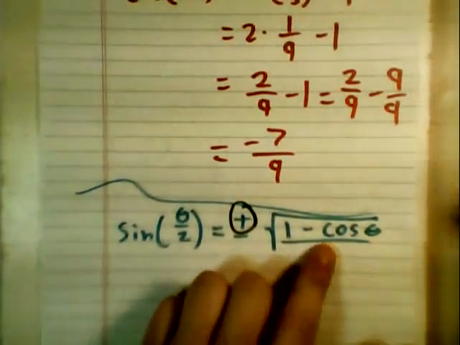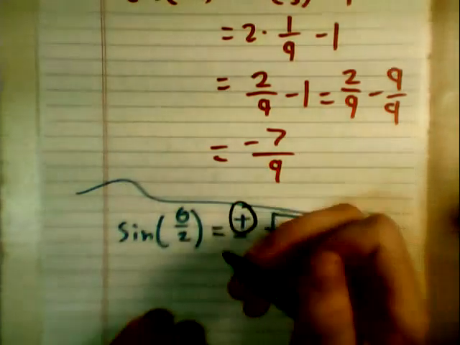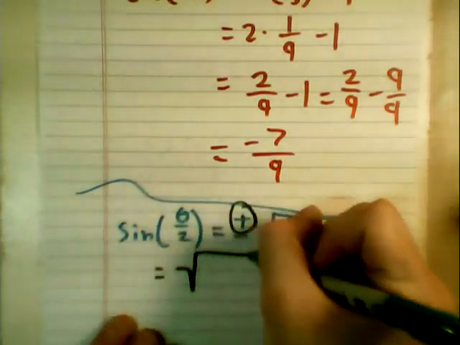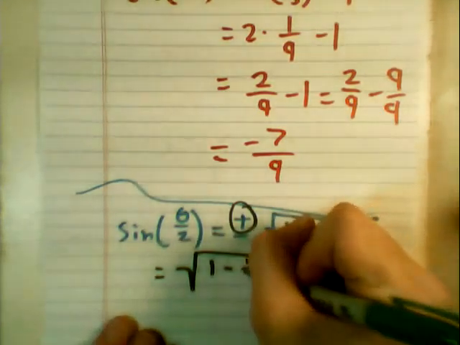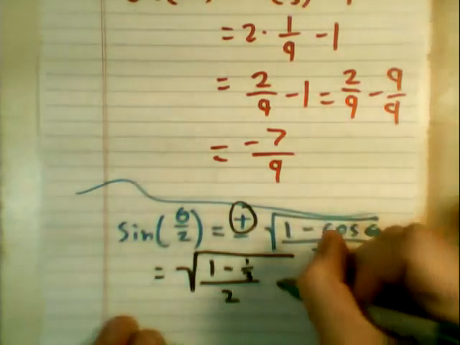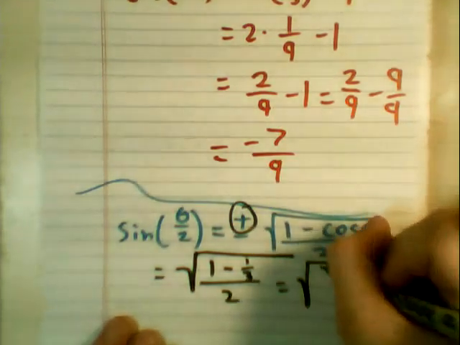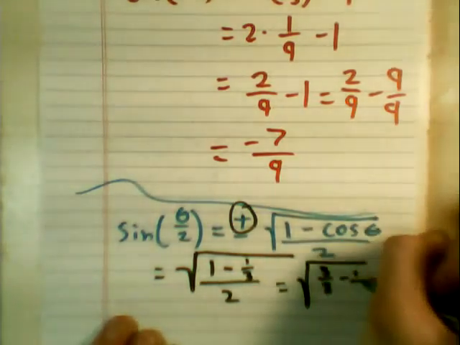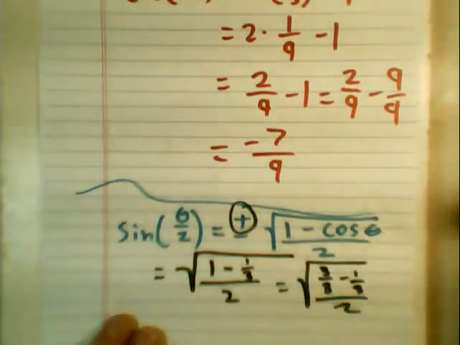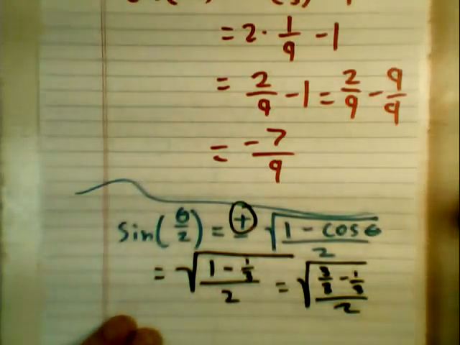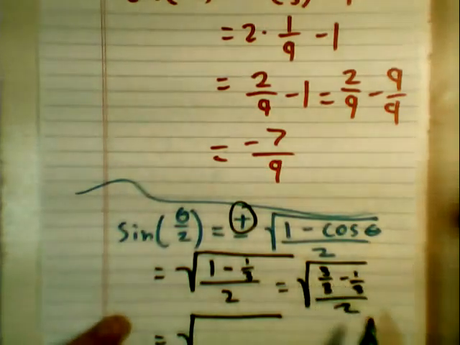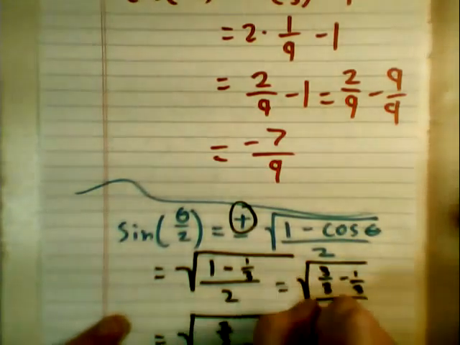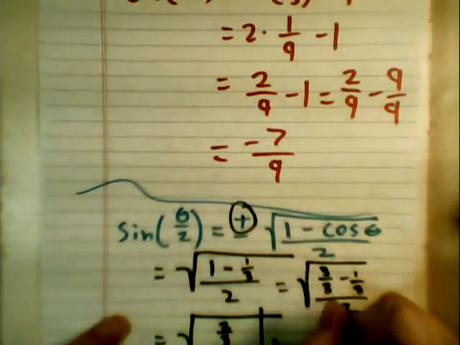Okay, so now let's go ahead and plug cosine in and solve this. So we have 1 minus, remember cosine was 1/3, over 2. Three over 3 minus 1/3, so we have the square root of, that's going to be 3 minus 1, 2 over 3 divided by 2. It's yucky.